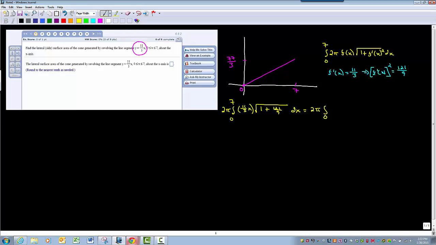So that is 2 pi from 0 to 7. This is going to be a number here, so that's pretty nice. So this is going to be 11 thirds times x times the square root of 9 ninths. So this will be 130 over 9.